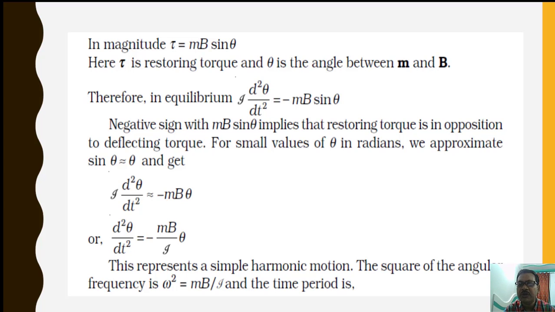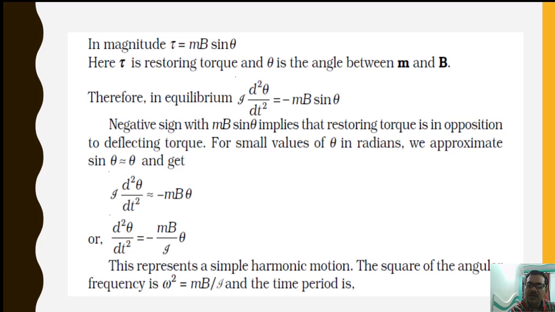For small value of theta in radians, we approximate sin theta equal to theta. So we get I d square theta upon dt square equal to minus mB theta, or d square theta upon dt square equal to minus mB upon I theta.